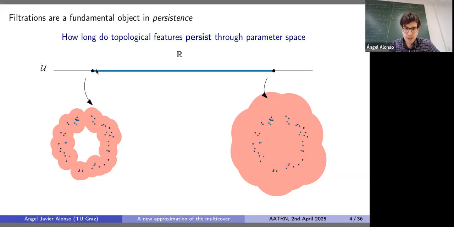And then as we keep increasing the radius, at some point the circle will be covered completely and will disappear. So this circle will persist for a range of radii. So we look at how long, how little, or how much these topological features persist. Okay, this is just the starting point.